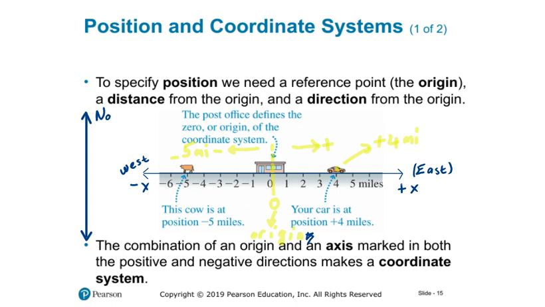But if something is moving north and south, we can define those with y. So when I say y, plus y is north, minus y is south. And there is also a base point I choose here, which is my origin.